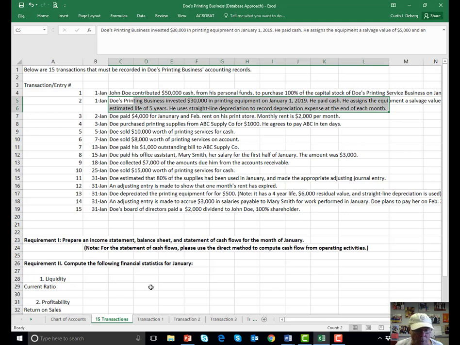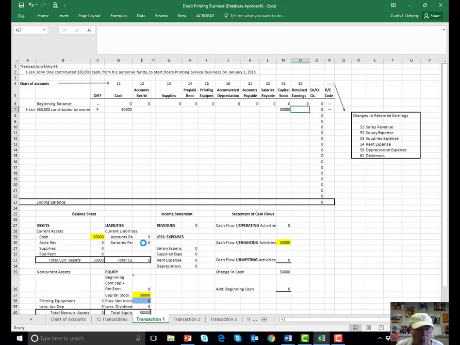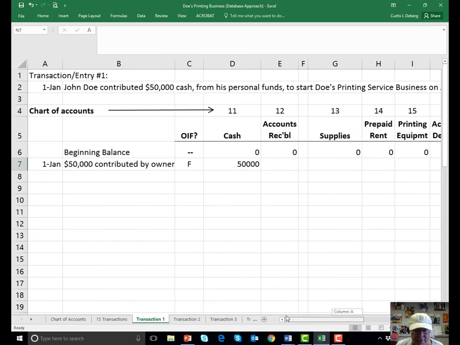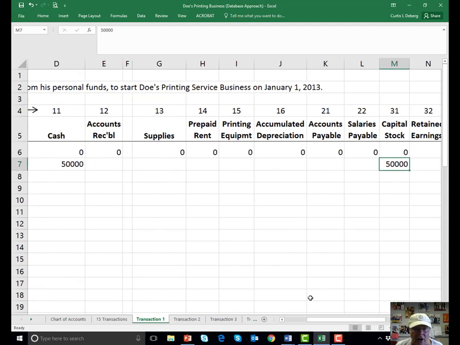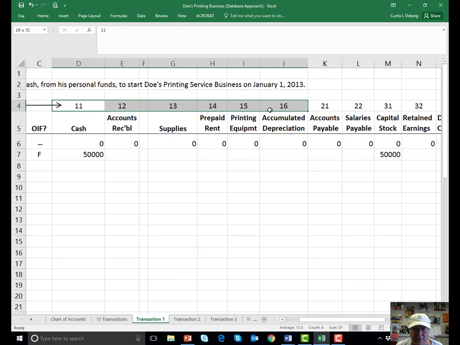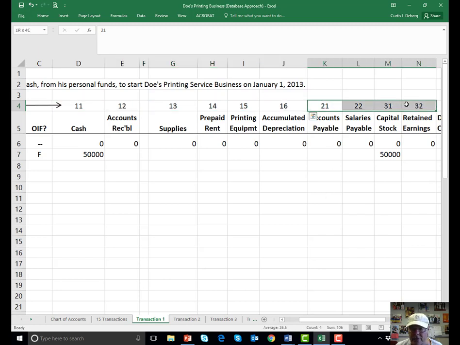And so here's how we're going to post these transactions, not first into a journal and then to a ledger. We're going to record this first transaction into his database where cash goes up $50,000, account number 11, and equity goes up. His capital stock goes up $50,000. And notice our assets go on the left, numbers 11 through 16, and then our liabilities and equity on the right.